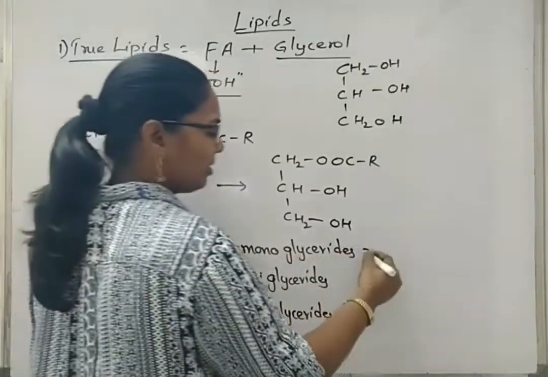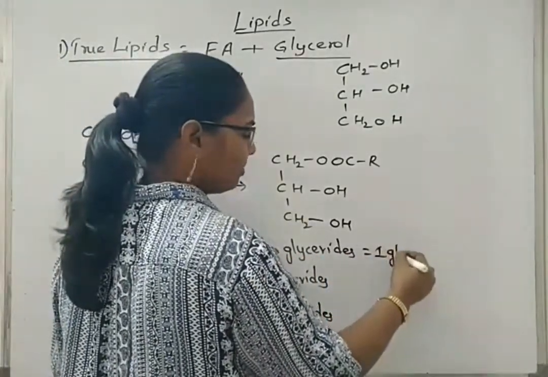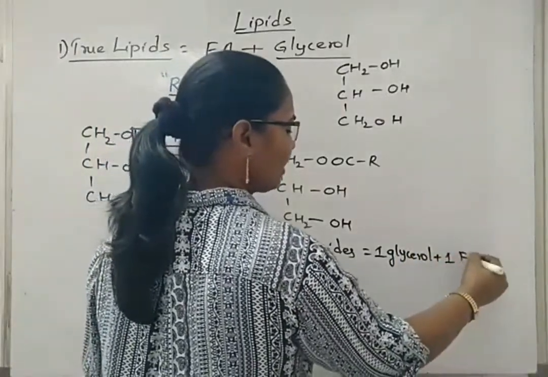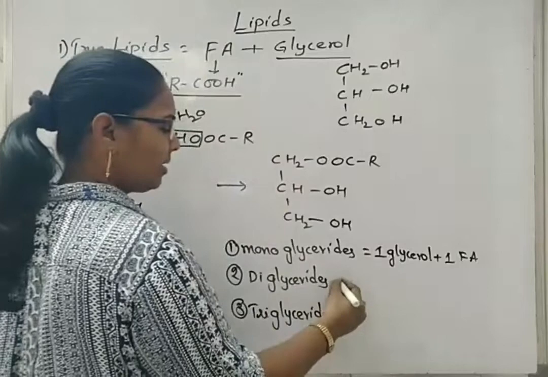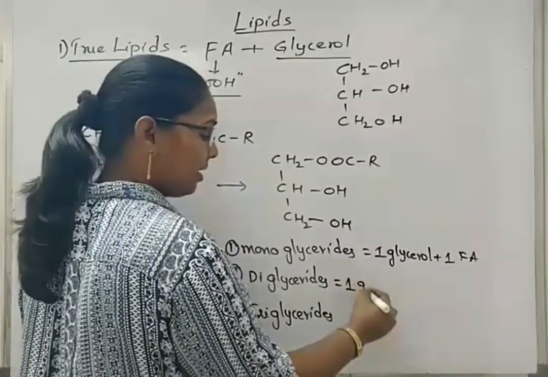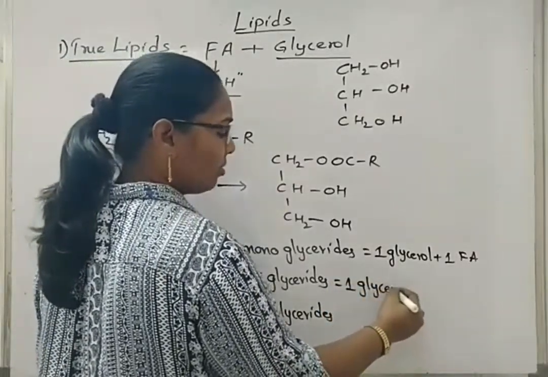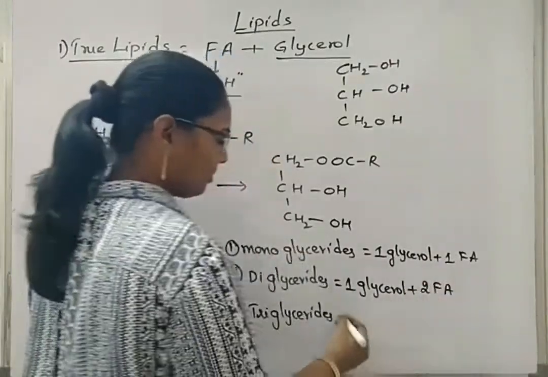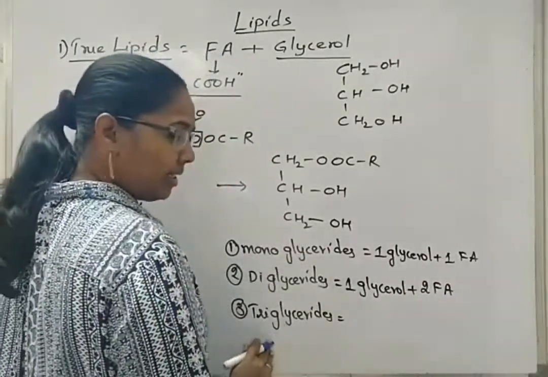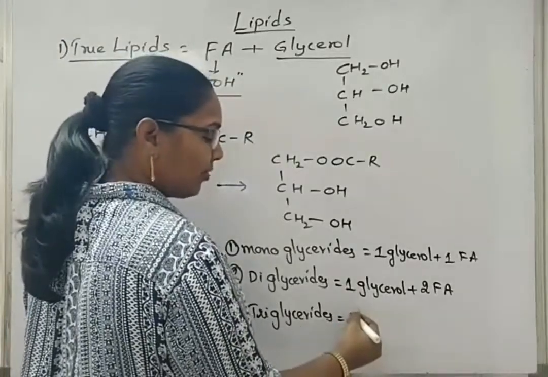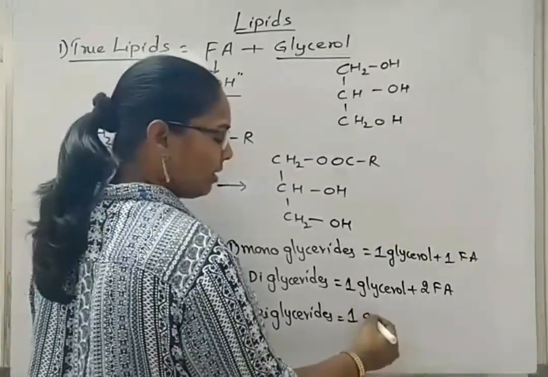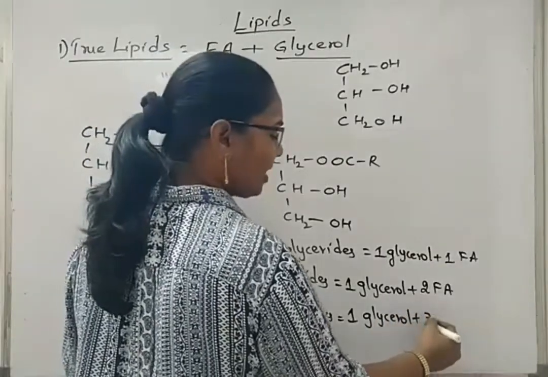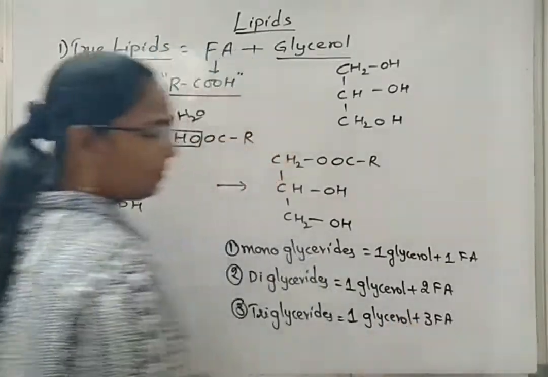In the sense, one glycerol plus one fatty acid. Diglyceride: again one glycerol only, plus two fatty acids. In the third case, triglycerides, the number of glycerols is one only, but the fatty acids are three in number.